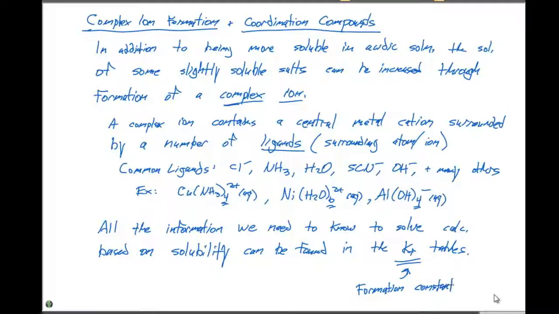And it's going to tell you if a complex ion will form when you put a metal cation in solution and surround it by various ligands. You will see this KF table in your qualitative analysis lab. And when we're looking at solubility in the big picture, this should be the first place that you look to analyze if a particular slightly soluble salt is going to dissolve more, or maybe it would dissolve less.